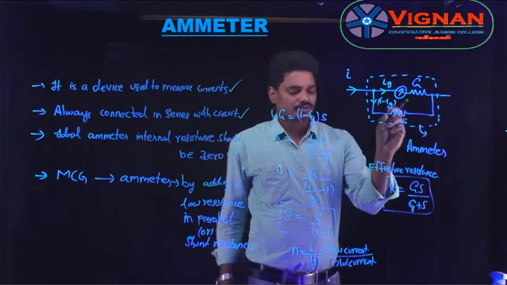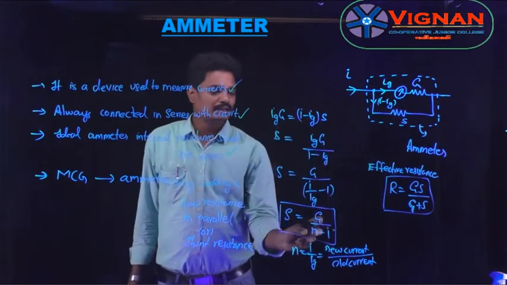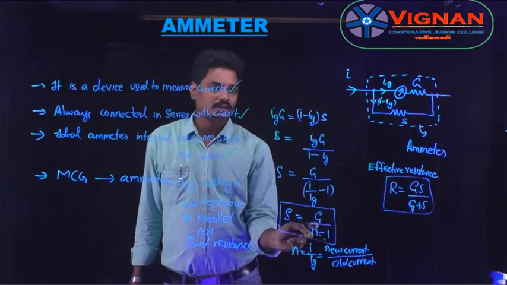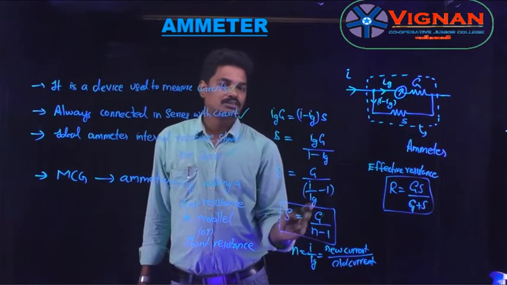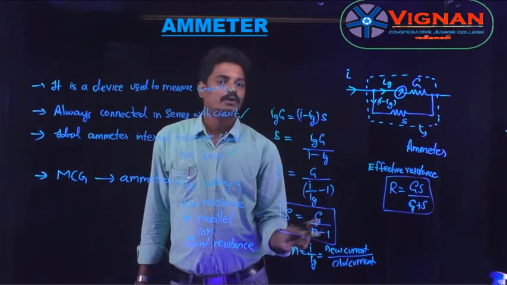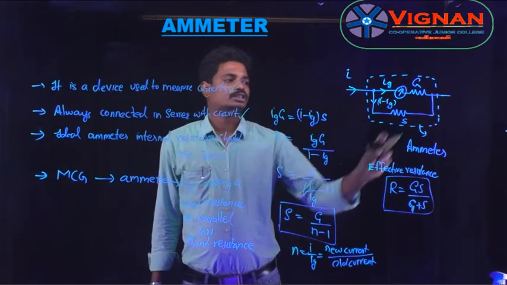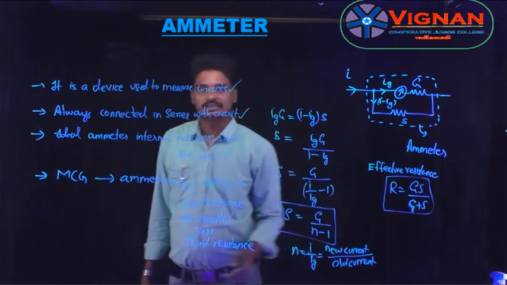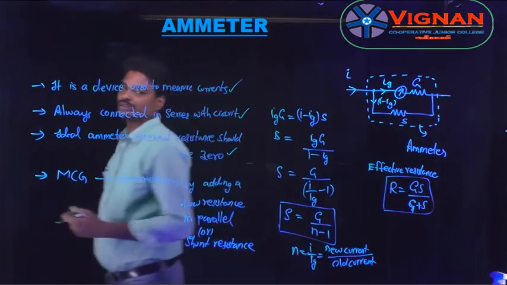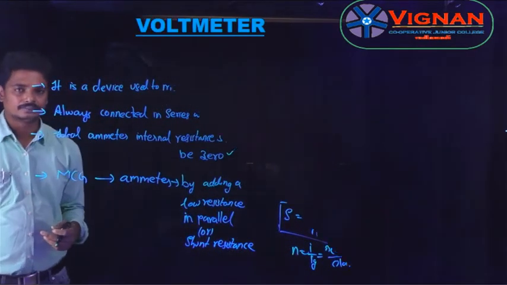Here you can observe the S value: S is equal to G by N minus 1, where N is always greater than 1. So the value of S is very much smaller than the value of G, which are connected in parallel. The effective resistance here will be very much less than the internal resistance of the galvanometer.